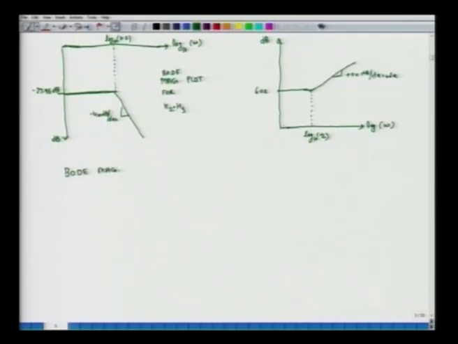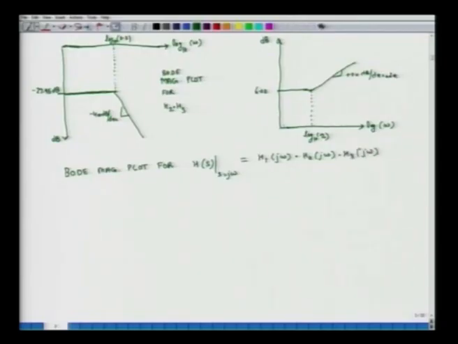So, now we will construct a Bode magnitude plot for H(s), which is our original transfer function when s equals j omega, and that is nothing but a product of three individual transfer functions: H1(j omega) times H2(j omega) times H3(j omega).